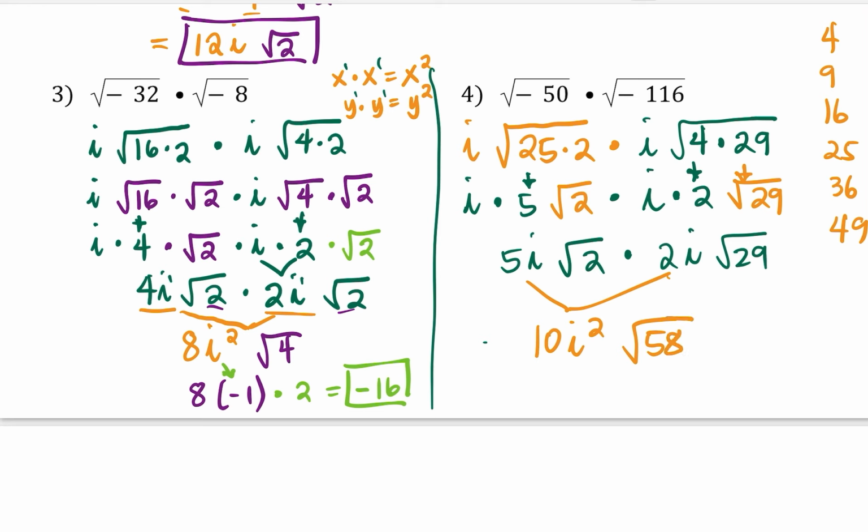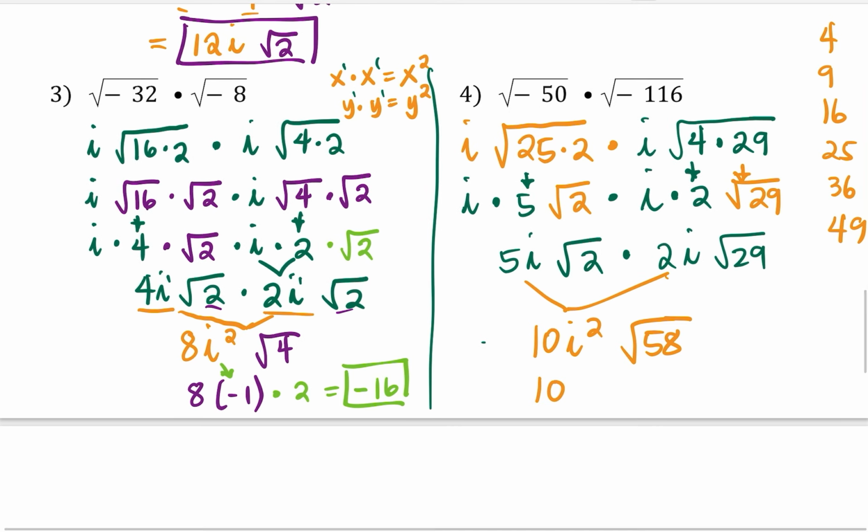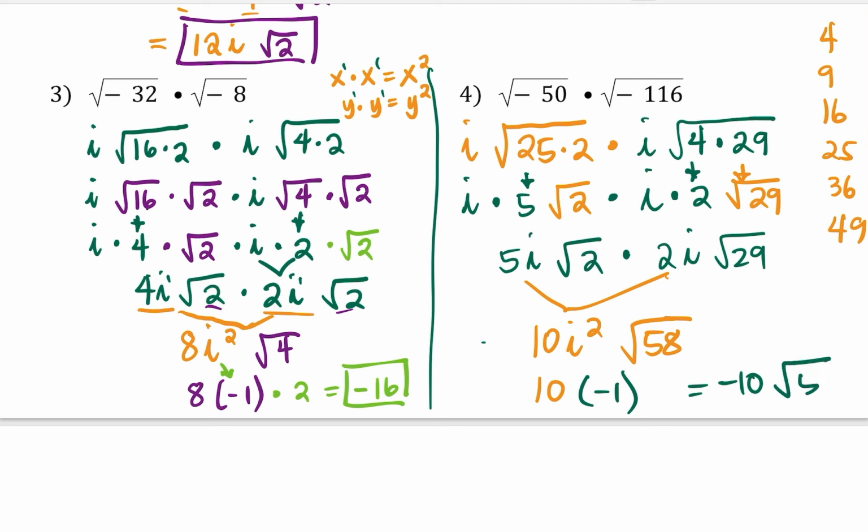So 2 times 29 is 58. And so 10 times i squared is, remember, equal to negative 1. So that would be negative 10. So which makes negative 10 square root of 58. Because we can't simplify 58 any further. So there's our final answer.